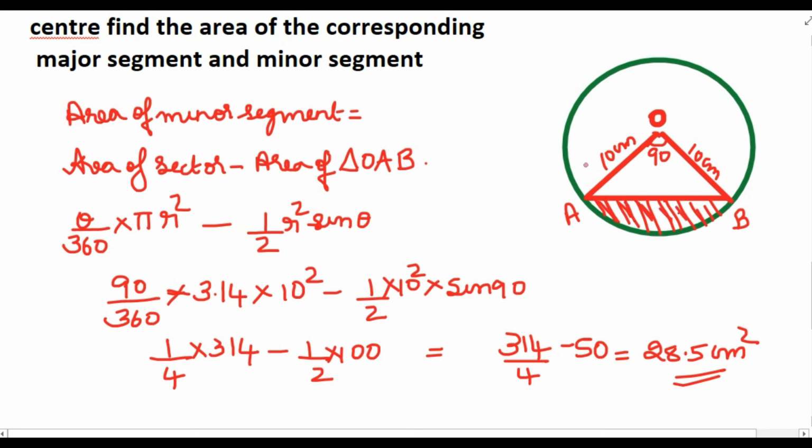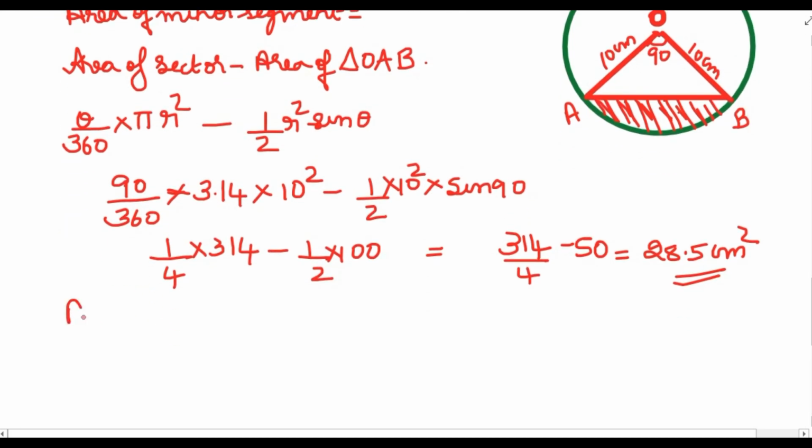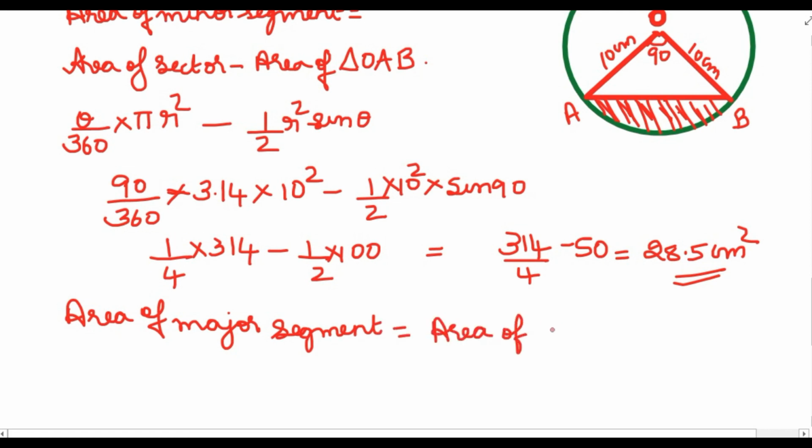Area of major segment is nothing but area of the circle minus area of minor segment.